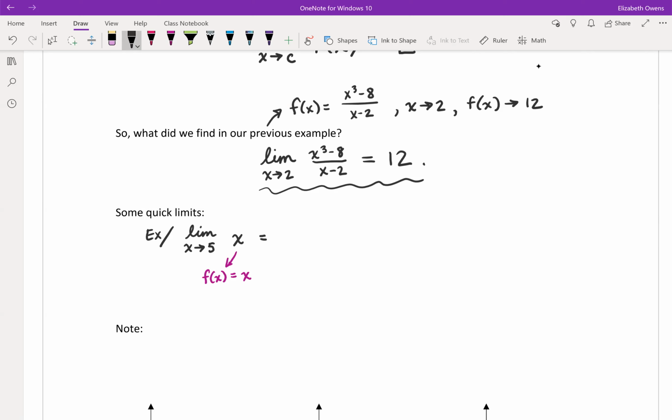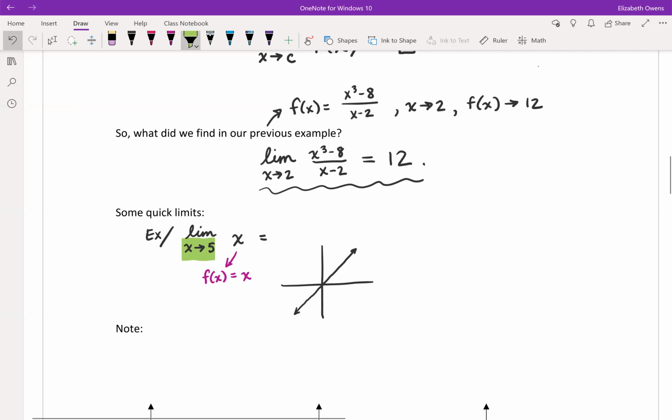f of x equals x, there we go. Let's draw the graph of f of x equals x really quickly. Hopefully we know that that is just a basic line, slope of 1 going through the origin. There's f of x equals x. And we want to see what happens when the x values are approaching 5.